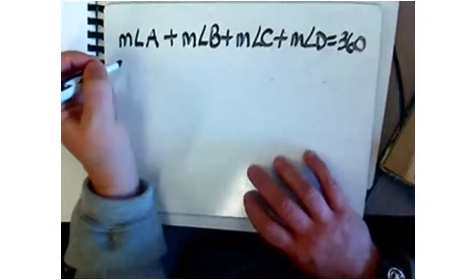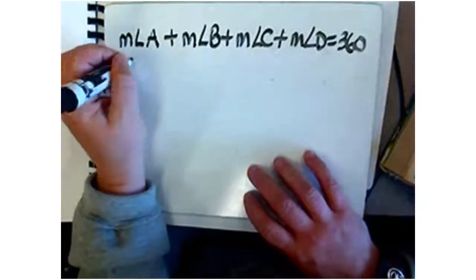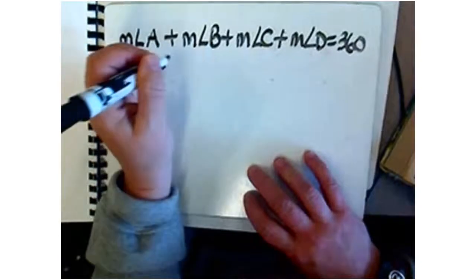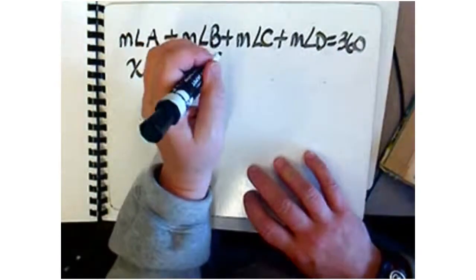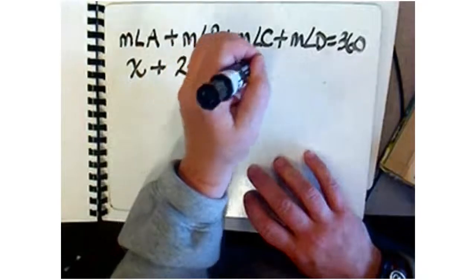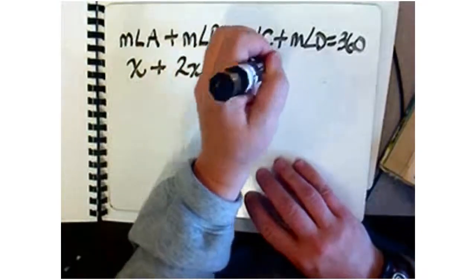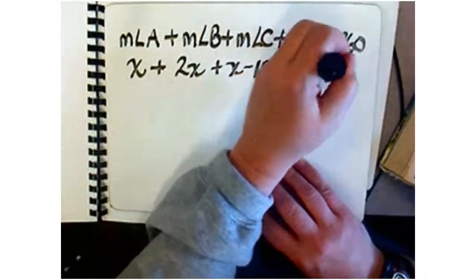So we substitute in our values. A is x plus B is 2x plus the C angle is x - 10 plus the D value is 50, and that all has to equal 360.